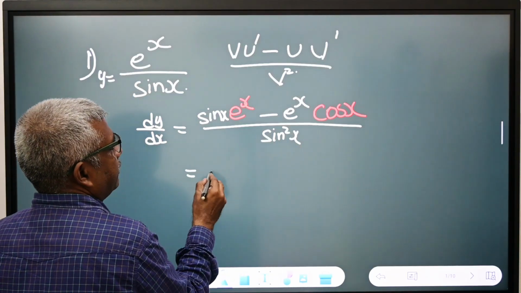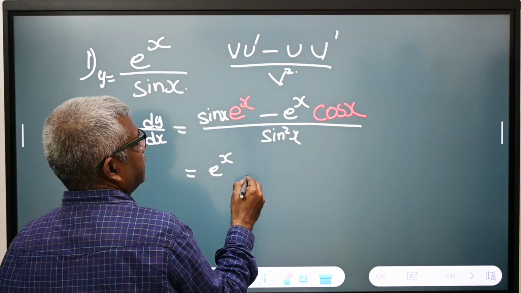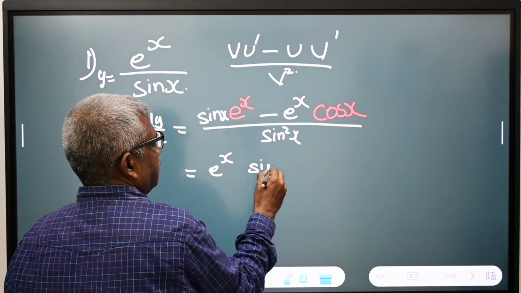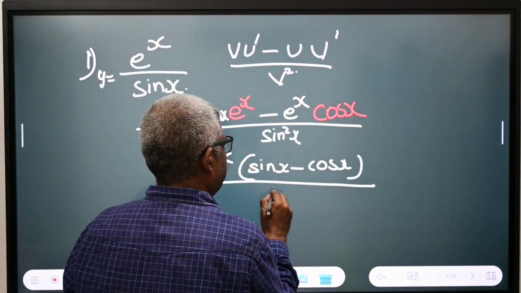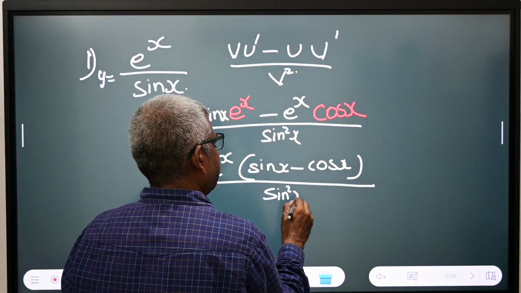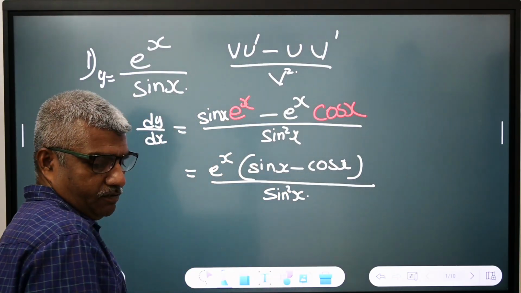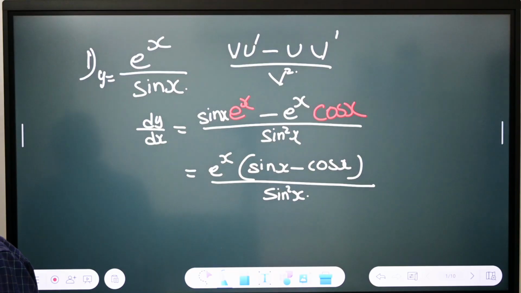You can simplify: e power x times sin x minus cos x divided by sin squared x. Copy down.